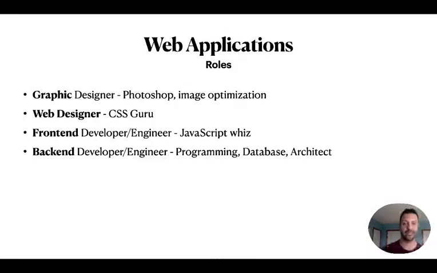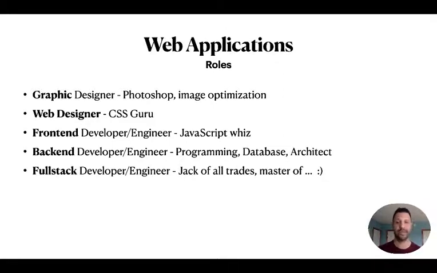And then also optimizing database calls as well. So that's a back-end engineer. Full stack, I put jack of all trades, master of ... It's just kind of a joke, but actually full stack engineer is very, very important because they need to be able to do some front-end work and also some back-end work.